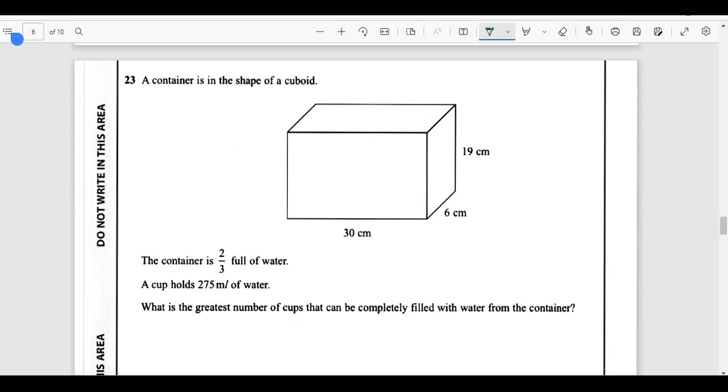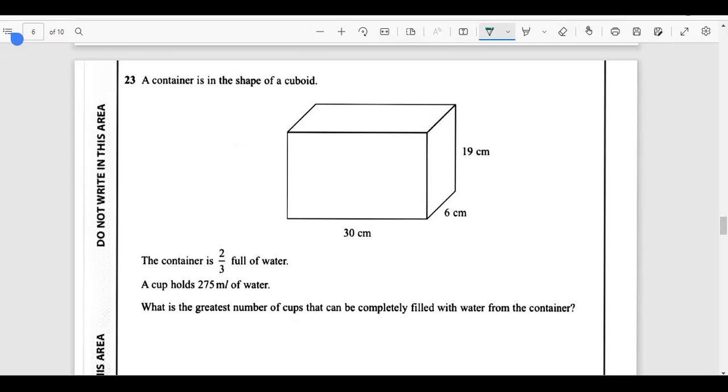It's 2/3. Oh, I see. Is it 82? Sorry, is it what? 82.